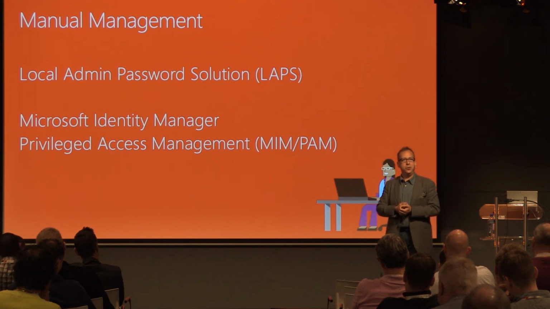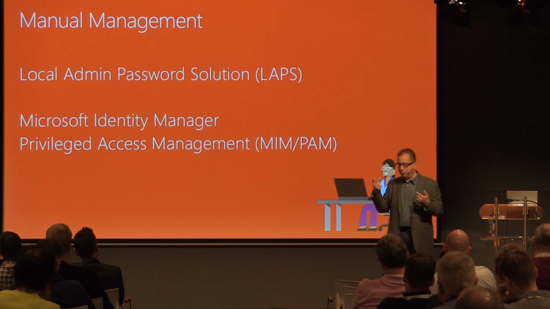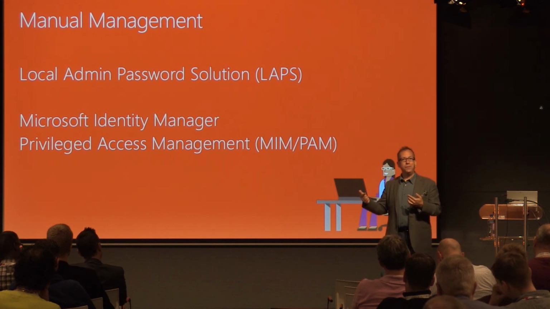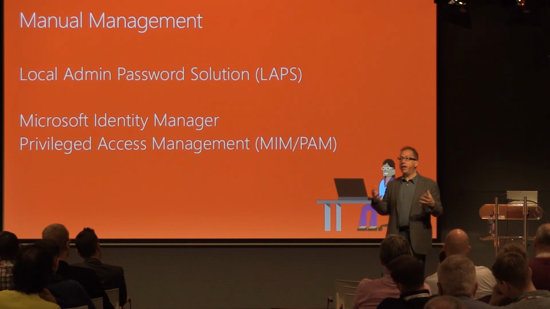In fact, the new Microsoft Identity Manager has a privileged account management module that will dynamically add and remove you. And you can start to build some time-based constraints on that to say, listen, I need these credentials for a while, but not all the time. And that way you're not carrying around all of this value all the time.